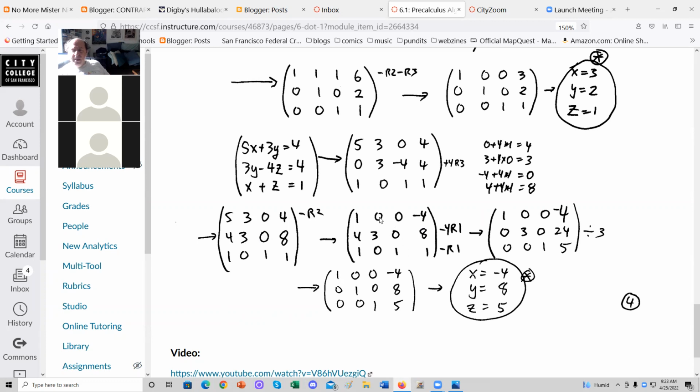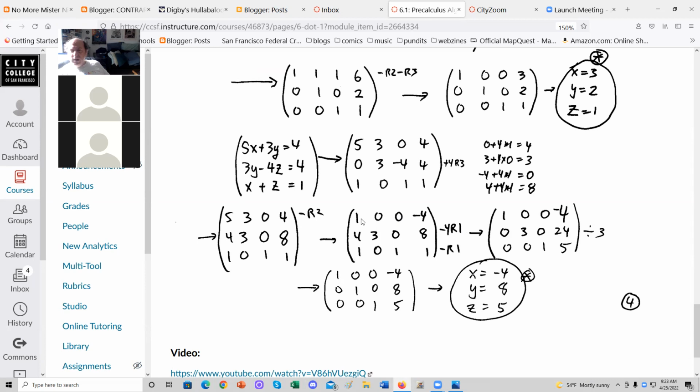Great. I'll use this one here to clear away this 4 and this 1. We'll clear away this 4 by subtracting 4 of row 1 from row 2. Also clear away this one, subtracting row 1 from row 3. 4 minus 4 times 1 is 0. 0 goes there. 3 minus 4 times 0 is a 3. 3 goes there. 0 minus 4 times 0 is a 0, which goes there. 8 minus 4 times negative 4 is 8 plus 16, which is 24.